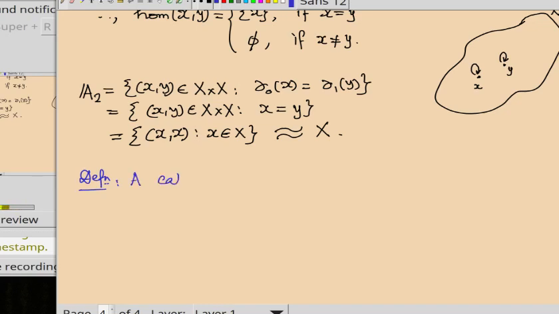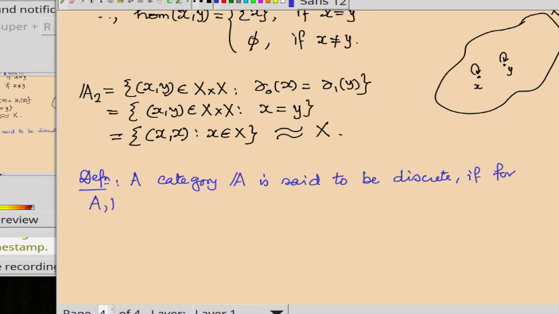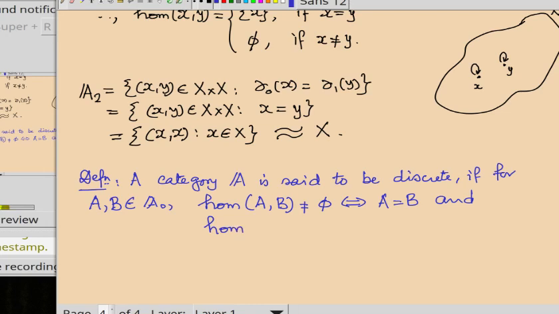A category A is said to be discrete if and only if for any two objects, Hom(A,B) is non-empty if and only if A is equal to B, and Hom(A,A) is nothing else but the identity.